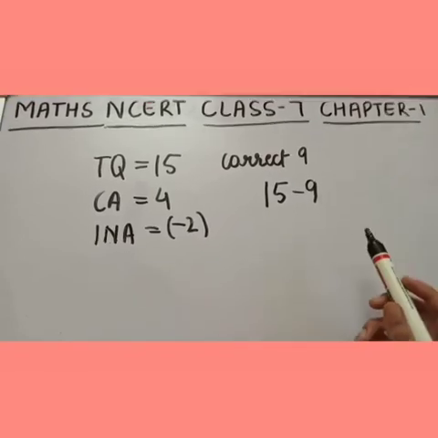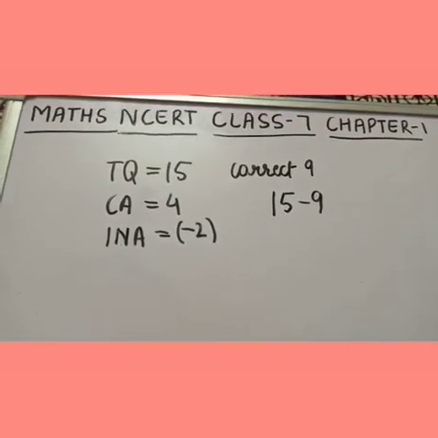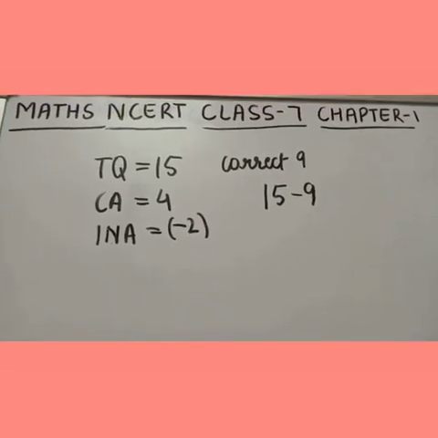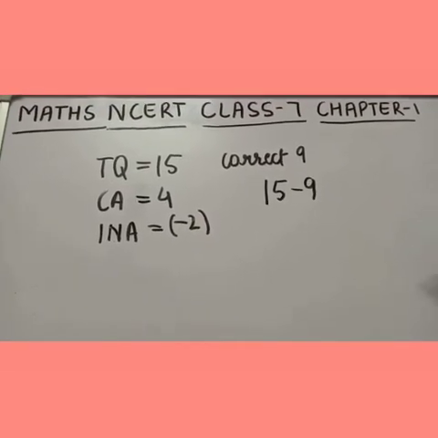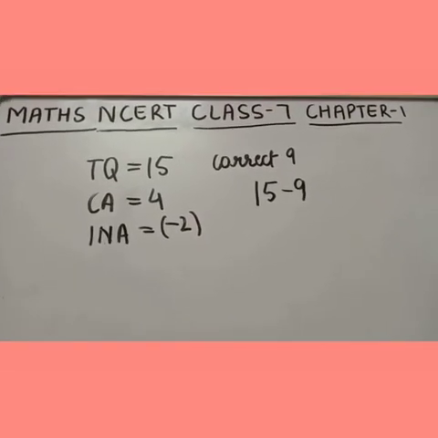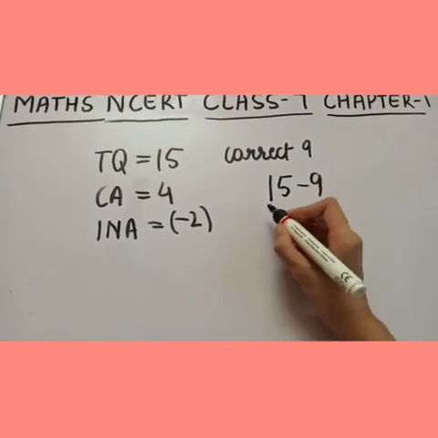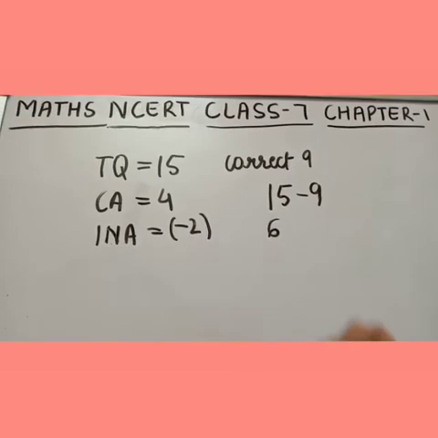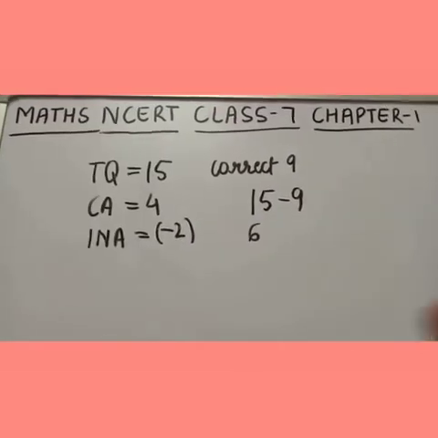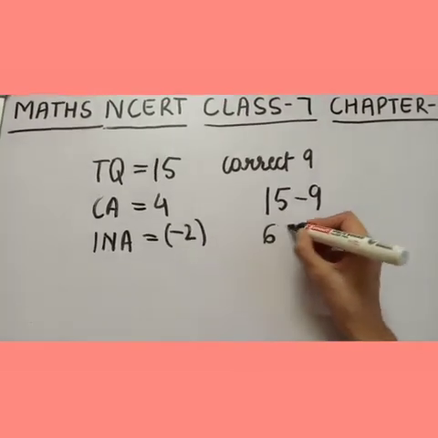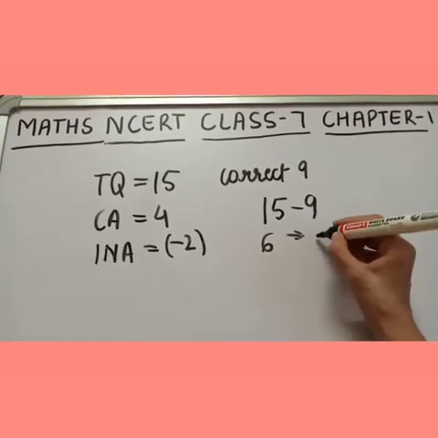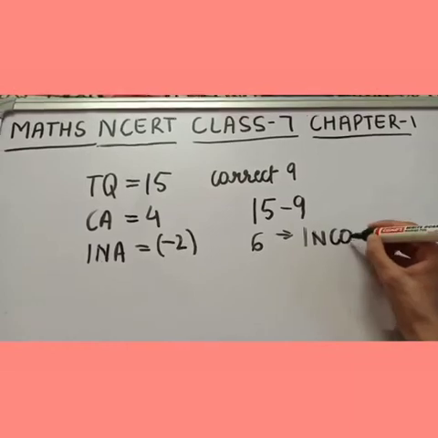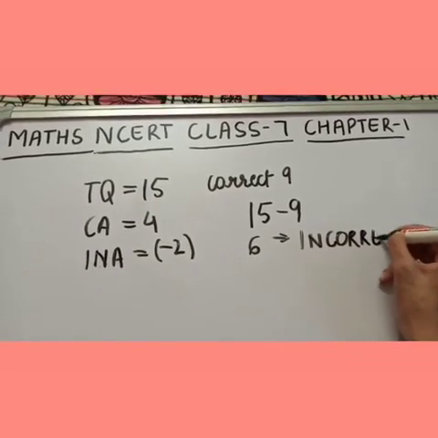If we subtract them, we will find out how many questions Gurpreet got incorrect. So 15 minus 9 is 6. So that means Gurpreet has got 6 of her answers incorrect.